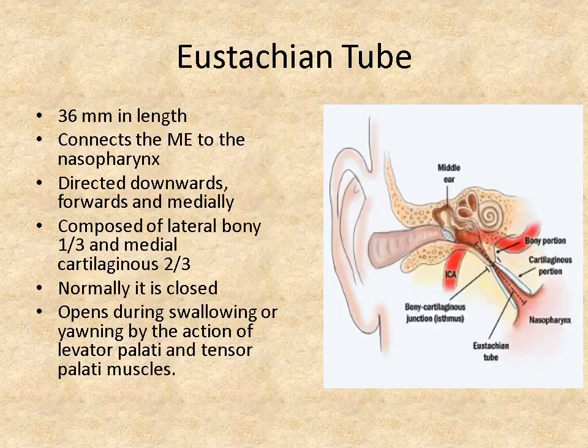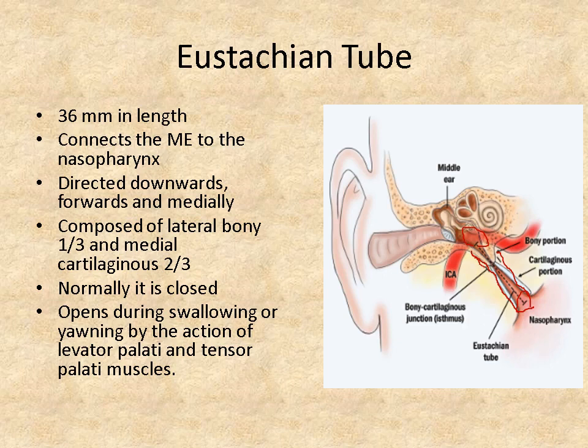The Eustachian tube is 36 millimeters in length. If you take a look at the diagram, please. Here is the Eustachian tube. It connects the middle ear with the nasopharynx. It's directed downwards, forwards, and medially, and is composed of 2 parts.